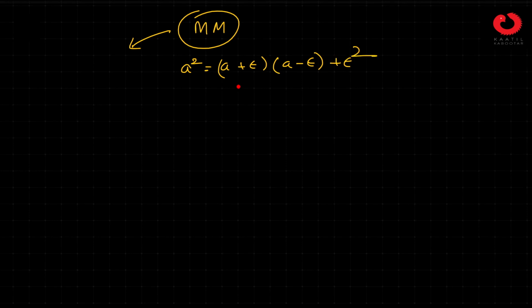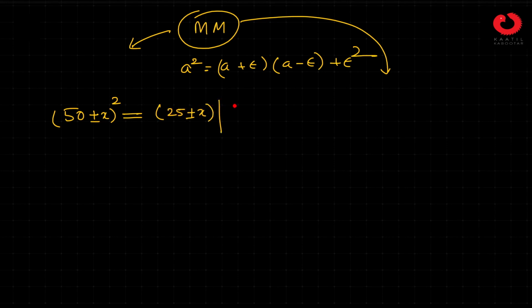As you were free to choose any value of epsilon, we derived 4 formulas. The first formula was (50 plus minus x) whole square, which will consist of 2 parts. The first part will be 25 plus minus x, and the second part will be x square, and here there will be 2 digits.